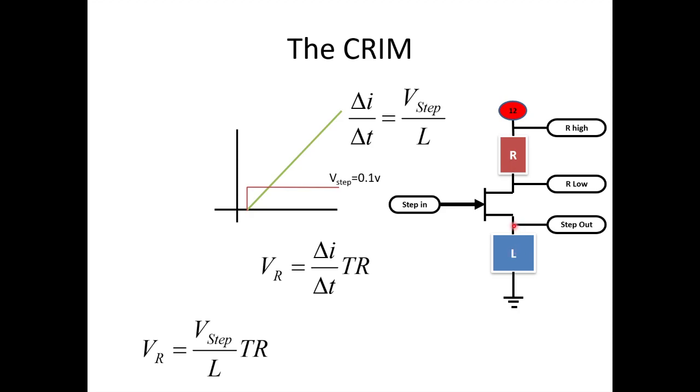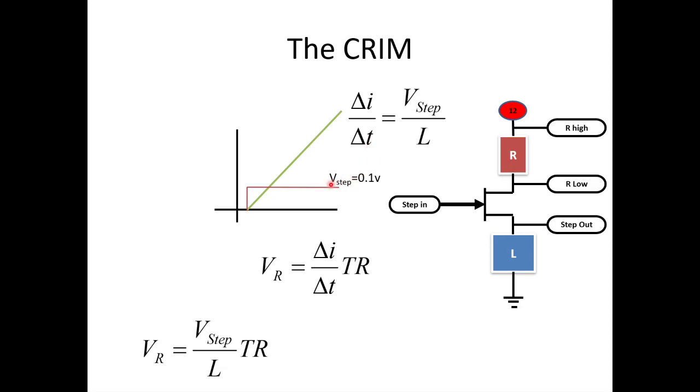Because we're keeping this voltage constant and the inductance is constant, that will lead to a constant di/dt, which can be replaced with delta I over delta t because this is going to be a nice uniform slope. A change in current over a change in time is going to be constant.